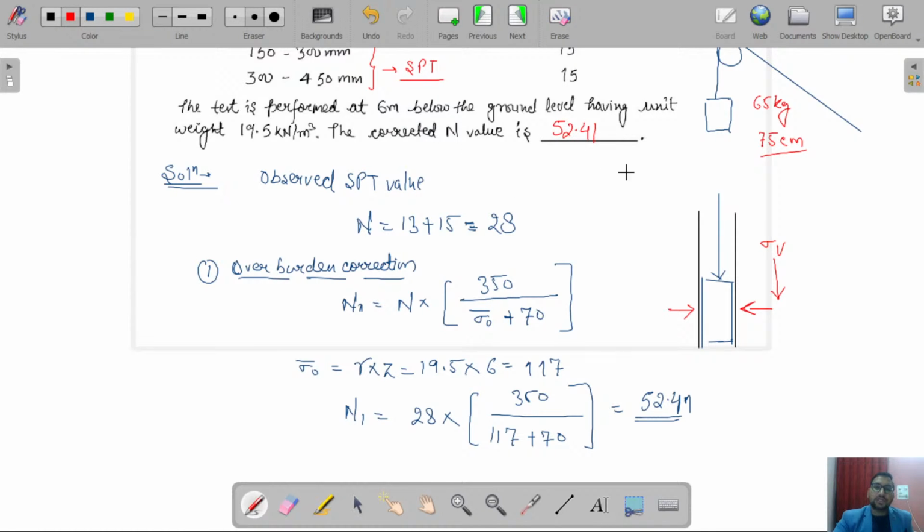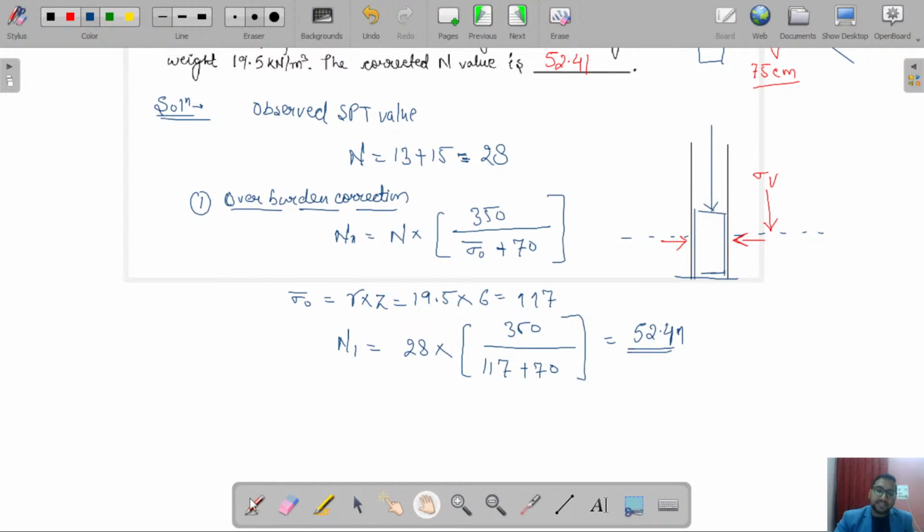Suppose the water table is somewhere here, above the test level. If there is the effect of water, if there is water table above our test level, we also have to apply dilatancy correction.